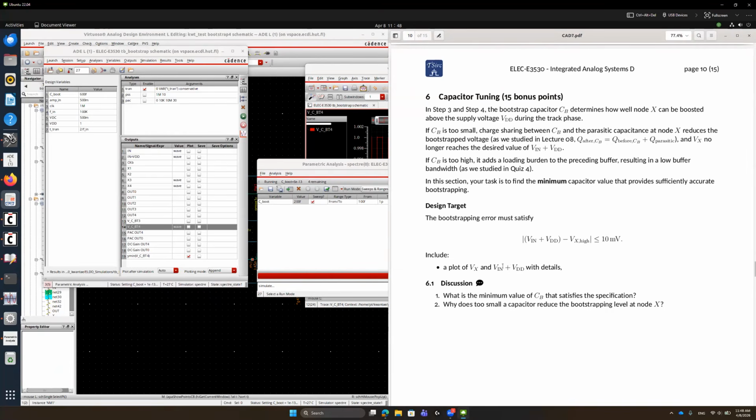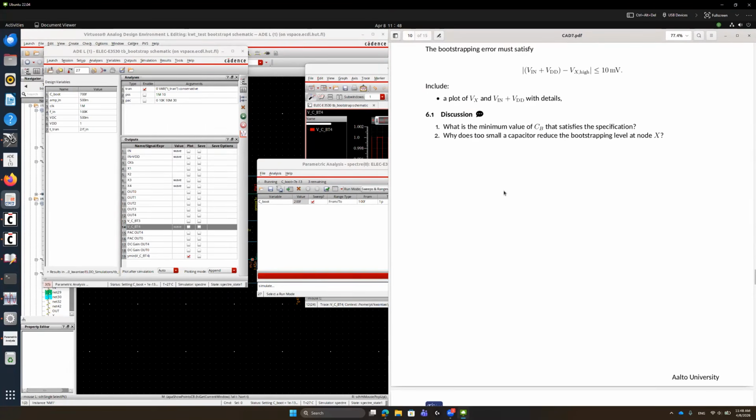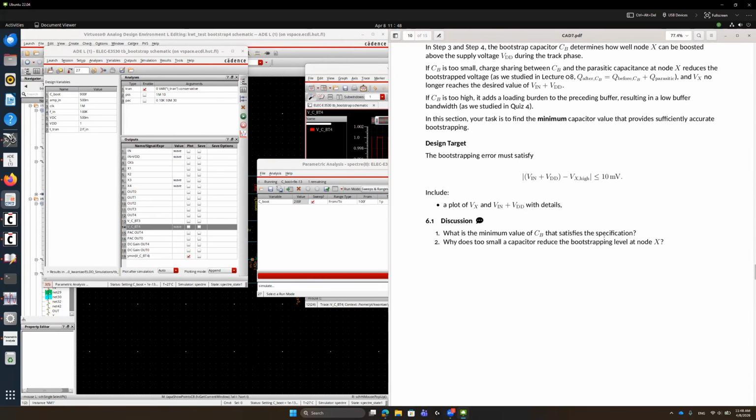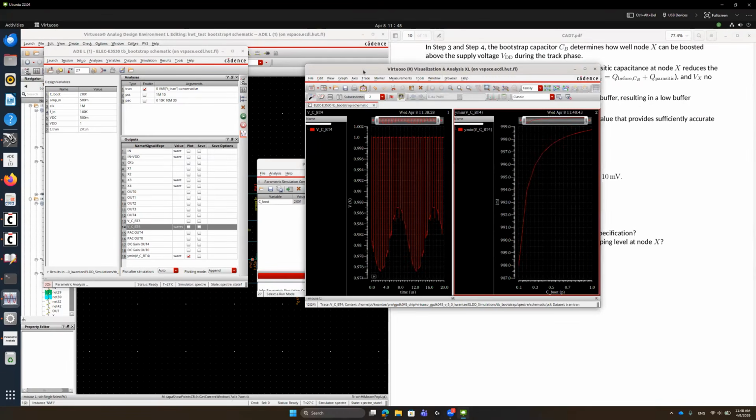Yeah, we can also do this part. And what is the minimum value of Cboot that satisfies the specification? We will find it. Why does too small a capacitor reduce the bootstrapping level at node X? This is already discussed, so I will not discuss too much about it.